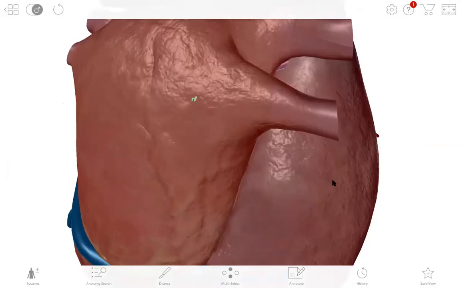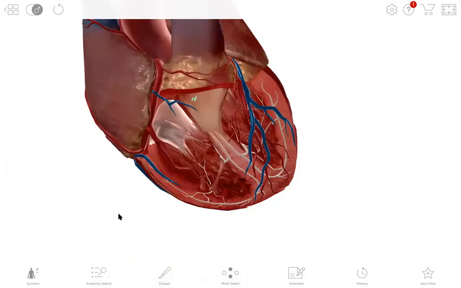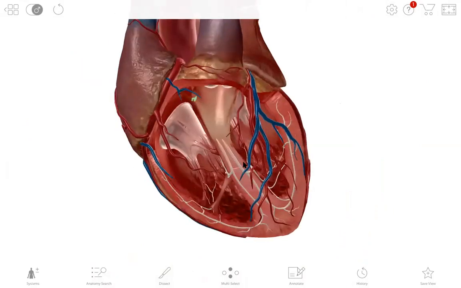There are many borders, but no need to go deep into them; just know these surfaces. It is important to know which chambers make up the sternocostal surface, meaning which chambers you see when you look at the front of the heart. The sternocostal surface: two-thirds of it is the right ventricle, we will see a part of the right atrium, two-thirds of the right ventricle and one-third of the left ventricle.